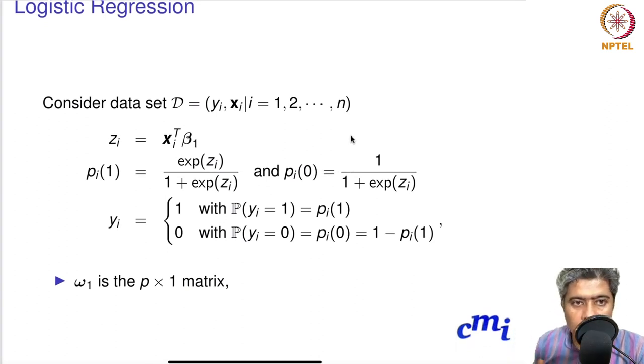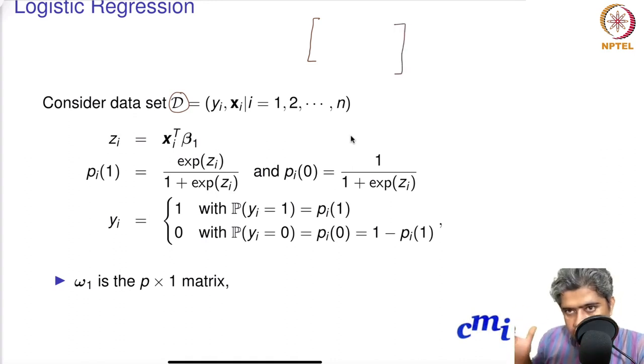So a typical logistic regression model will have a data set D. If you think of it like an Excel sheet or data frame, you have a Y where the Ys are 1s and 0s, and then you have a bunch of features x1 to xp.